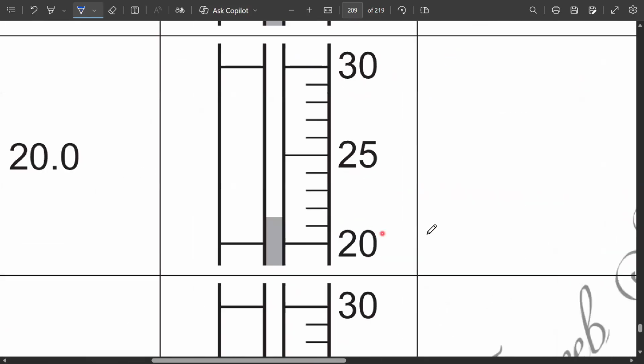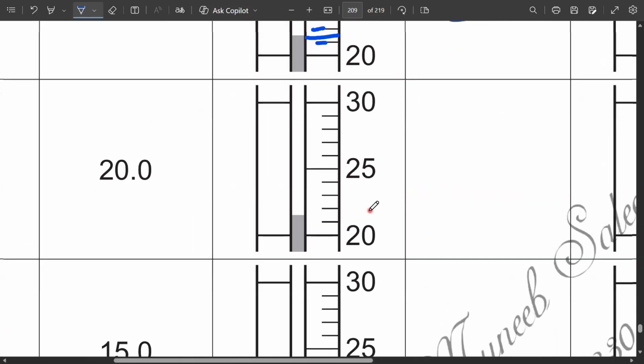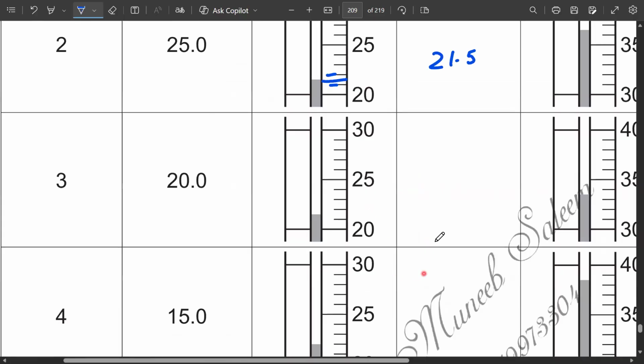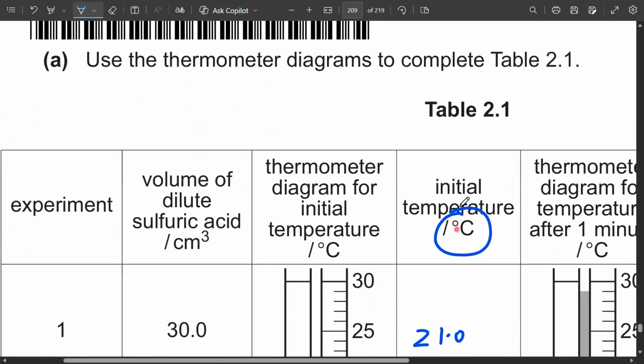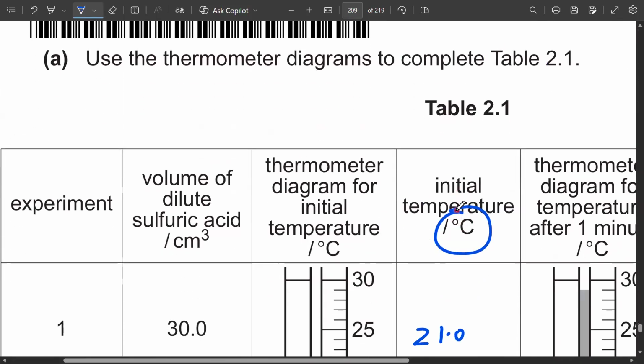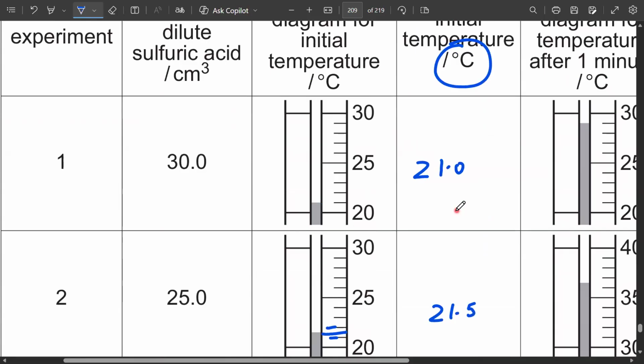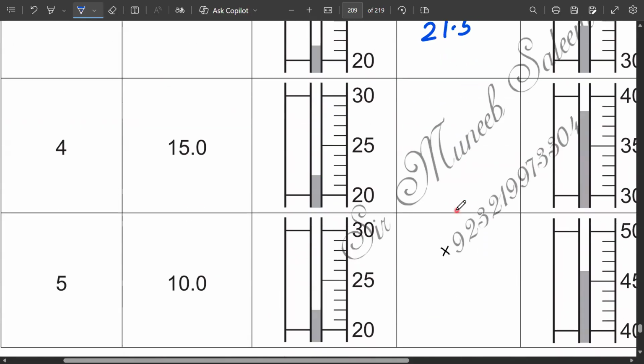It is again 21.5, because these are the initial temperatures, mind it. Initial temperature of the experiment. That's why the values will not be varying that much. They will be almost consistent.